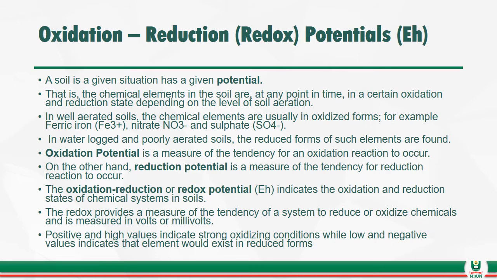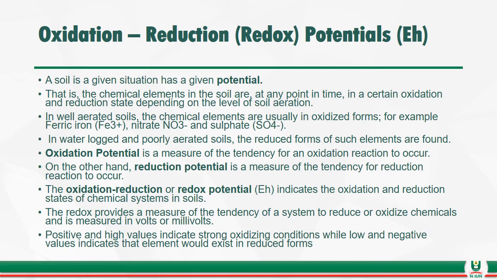Oxidation potential is a measure of the tendency for an oxidation reaction to occur. On the other hand, reduction potential is a measure of the tendency for a reduction reaction to occur. The oxidation reduction or redox potential indicates the oxidation and reduction state of chemical systems in soils.